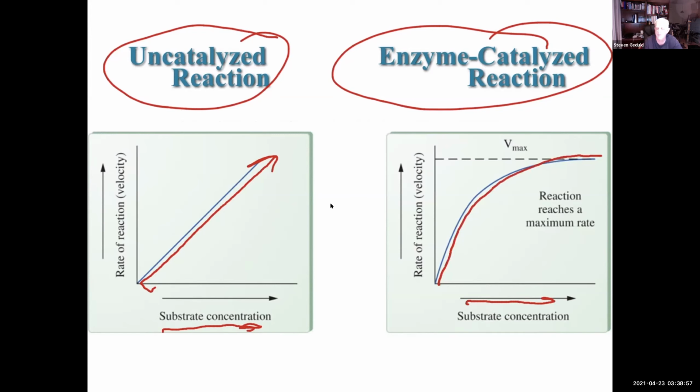You run out of the enzyme that's available to bind with the substrate. So those are your different curves. This would be uncatalyzed. This would be enzyme catalyzed reaction. Okay. As you increase the substrate, you increase your reaction rate up to a point where the enzyme becomes saturated. Then you have a maximum value. There is no saturation point on the uncatalyzed reaction.